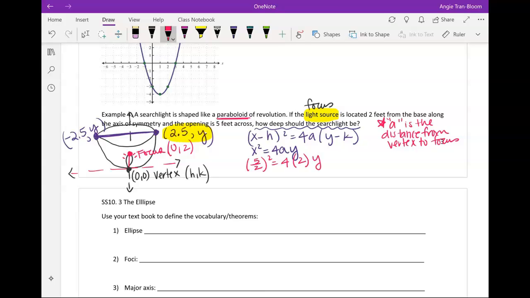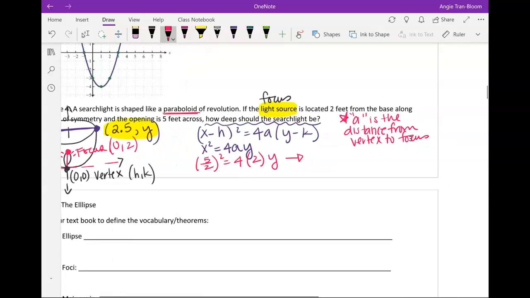So 5 over 2 squared, that's going to give me 25 over 4 equals 8y. To get rid of 8, we will multiply both sides by 1 over 8. And y now comes out to be 25 over 32 feet.